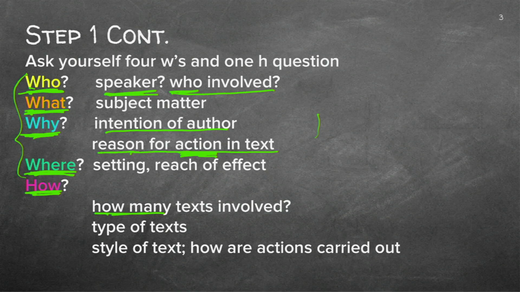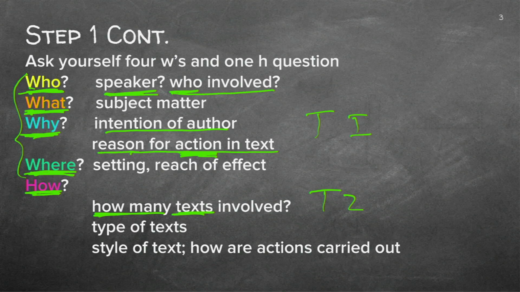You have looked at text 1, you have skimmed it and asked yourself those questions. Now you see there is yet a text 2, and sometimes there are 3 texts. It depends, but usually 2 texts. How many texts are involved, and what type of texts are they?